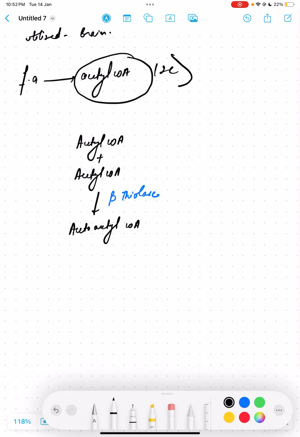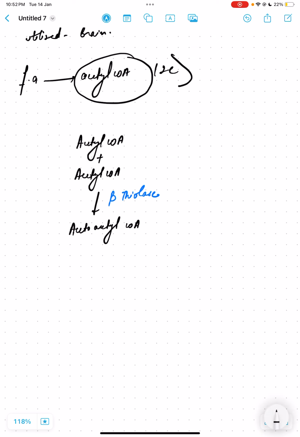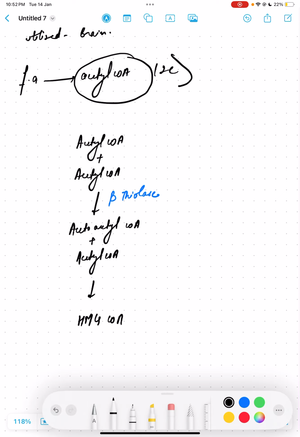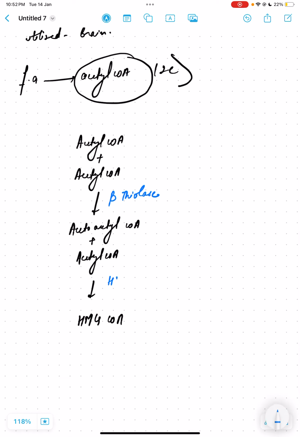Okay, next acetoacetyl coenzyme A combines with another acetyl coenzyme A molecule to form HMG coenzyme A with the help of an enzyme, that is HMG coenzyme A synthase.